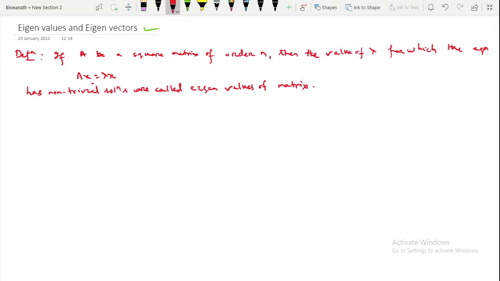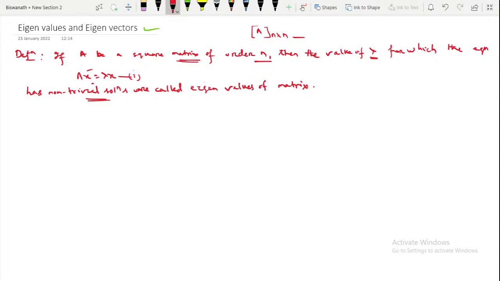So for finding the eigenvalues, the matrix should be a square matrix. If A is a square matrix of order n, that means A is a matrix whose order is n by n. Then the value of lambda for which the equation Ax equal to lambda x has a non-trivial solution.